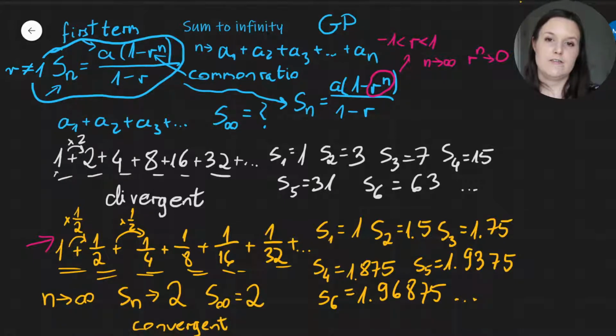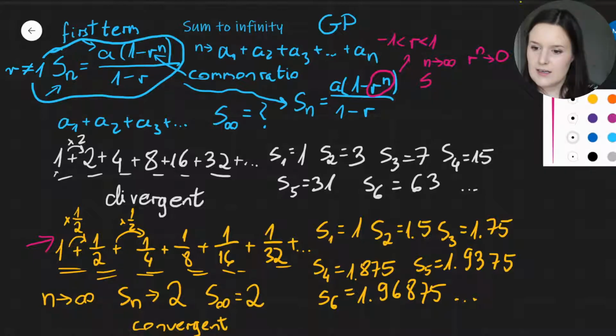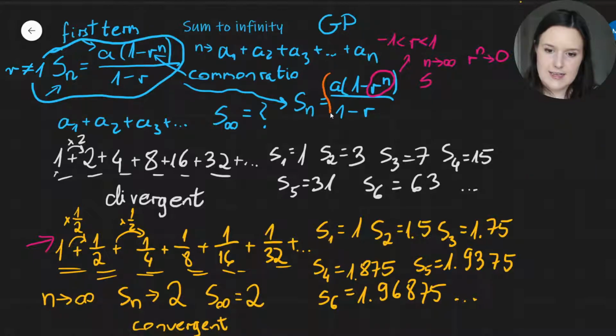In general, if you have a fraction between minus 1 and 1, the bigger power you get, the closer to 0 you get. And then, if this tends to 0, Sn tends to just this, because r to the power of n is 0. So that's a times 1, so just a over 1 minus r.